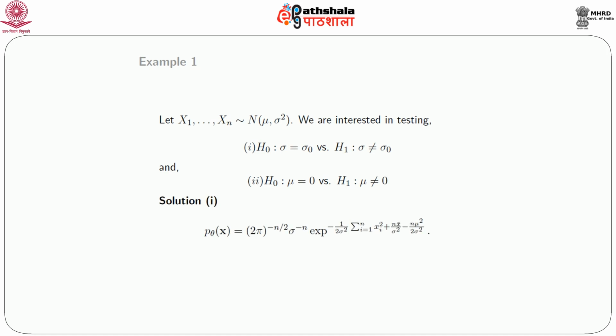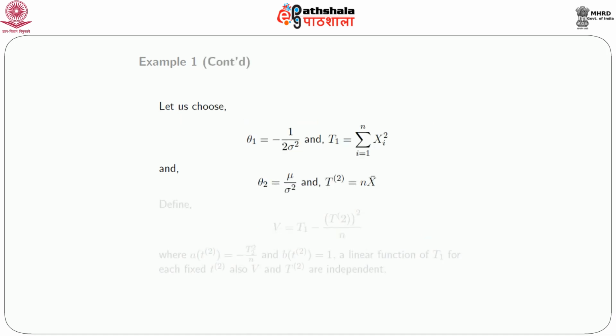The joint PDF of X1, X2, ..., Xn is given by p_θ(x). Let us choose θ1 equal to −1/(2σ²), T1 equal to the summation of Xi², θ2 equal to μ/σ², T2 equal to n X̄.